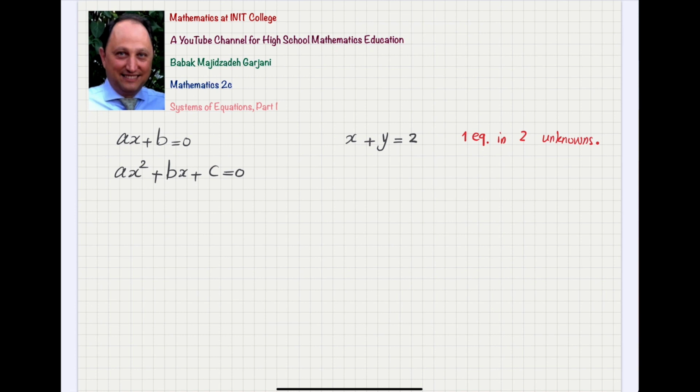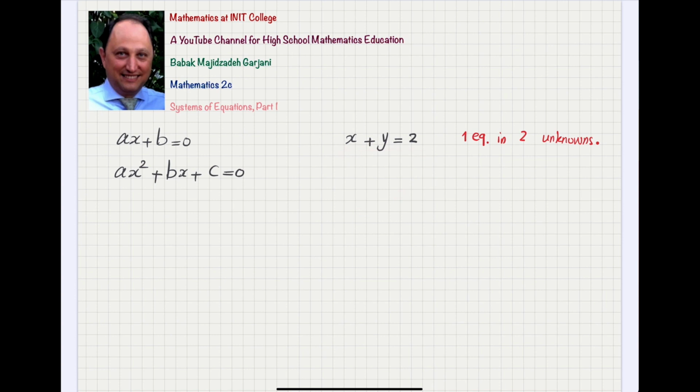This is not something strange. Can I solve it? Yes, I can solve it, but you shouldn't expect to get one single answer out of it. From a geometrical point of view, it is simple to see that there are infinitely many solutions. Why? Because this represents a line, and the coordinates of every point on the line satisfy this equation.